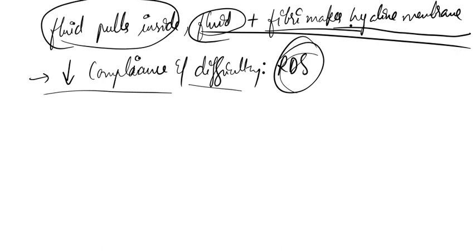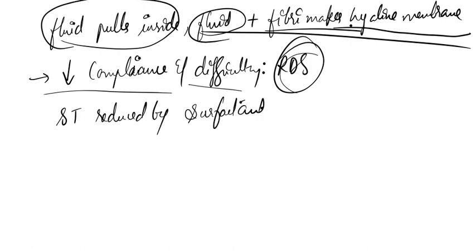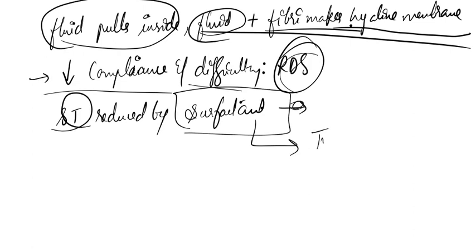So surface tension is reduced by a component called surfactant. They prevent respiratory distress syndrome, pulmonary edema, all sorts of things, and they prevent the collapse also. So this surface tension is reduced by surfactant. Surfactant is produced by type 2 pneumocytes.